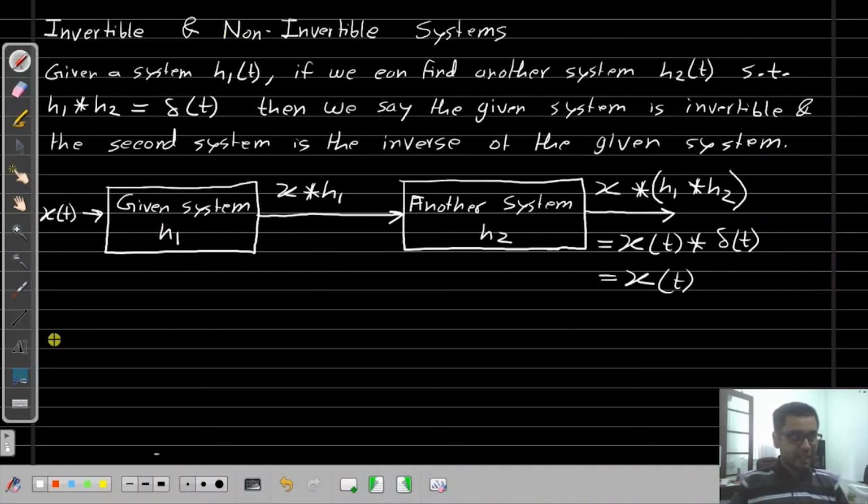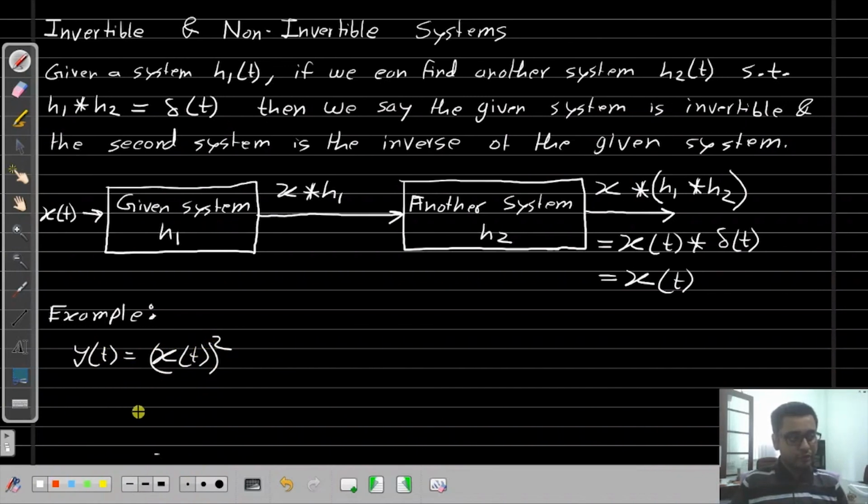Let us take an example. Suppose a system behaves in this way. Output is equal to input squared.